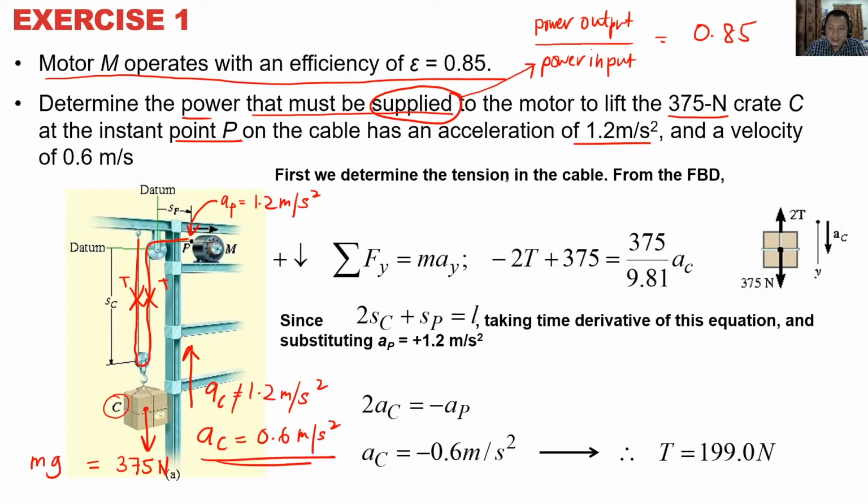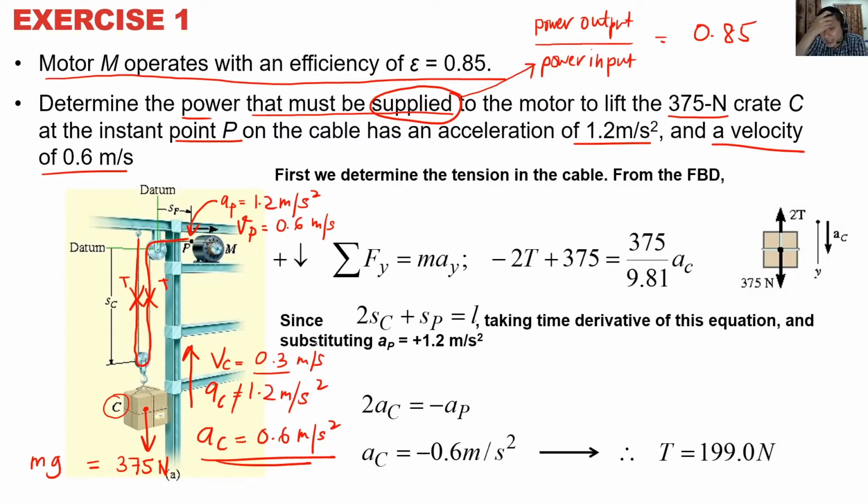But you know the point. And the cable has a velocity of 0.6 meter per second. So velocity at P of 0.6 meter per second. So here 0.6 meter per second, here VC is actually 0.3 meter per second.